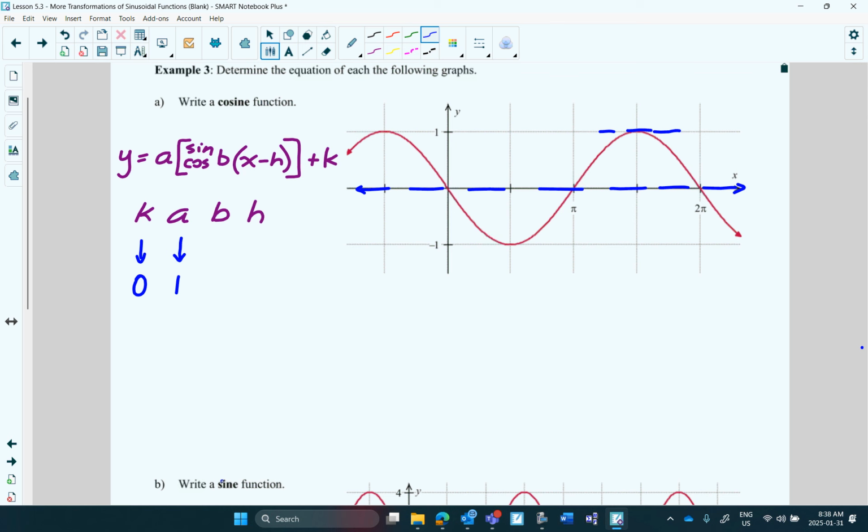Now B, remember, we had to find the period by doing 2 pi divided by B. Now we're going the other way around.